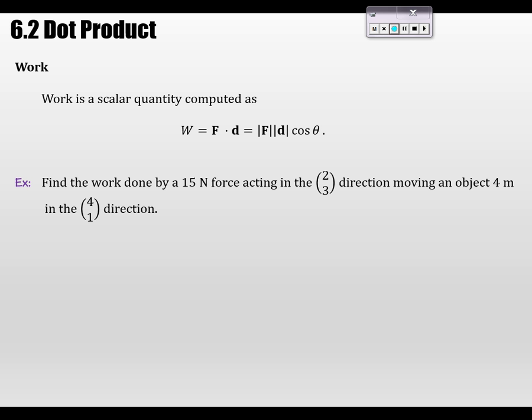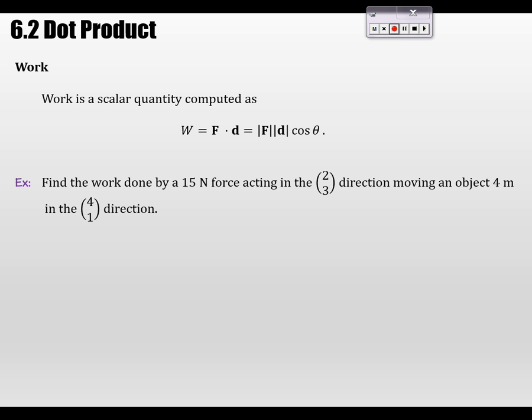Like if I'm dragging this chair across the floor, if I apply a force like this, and I displace it, its displacement might be in this direction, even though the force I'm applying is in some other direction, right? In fact, you can even quantify how much of my force is acting in this direction. Well, it's the amount of force I'm applying at this angle times the cosine of the angle that I formed with the ground, right?